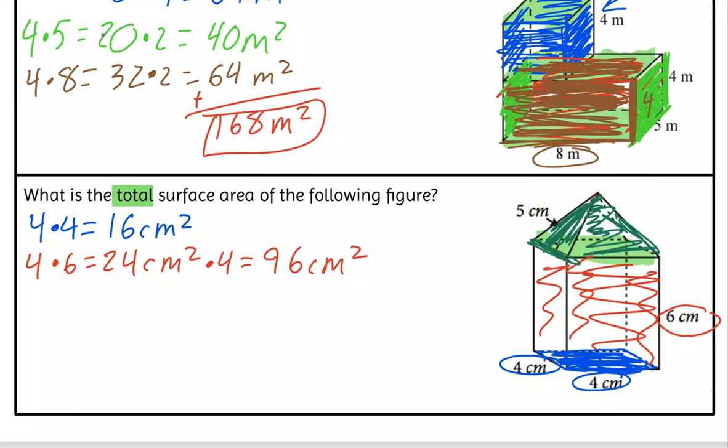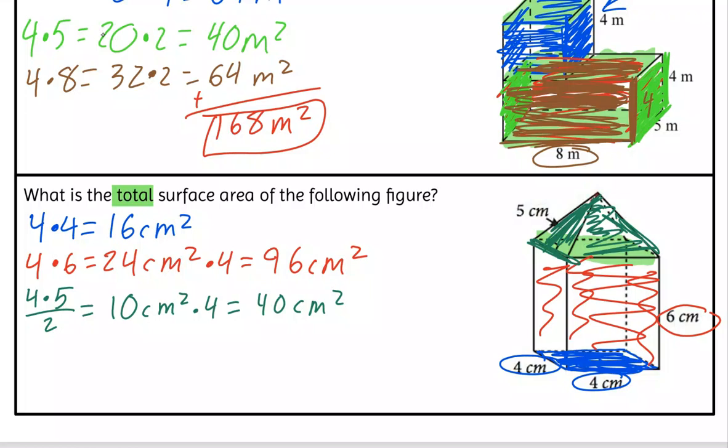So we're going to find the area of one of these triangles by doing base times height divided by 2. Well, we have 4 times 5, divide that by 2, gives me 10 centimeters squared. Well, since this is a rectangular pyramid, there are 4 of those triangles that are all the same. So I'm going to multiply that by 4, and that gives me 40 centimeters squared.